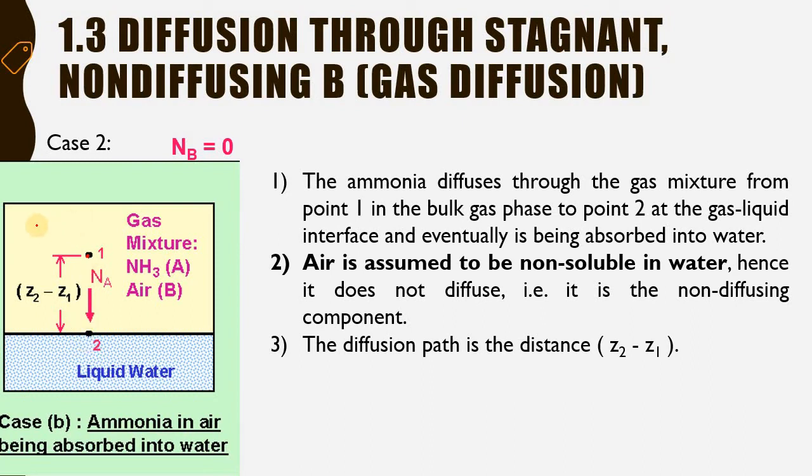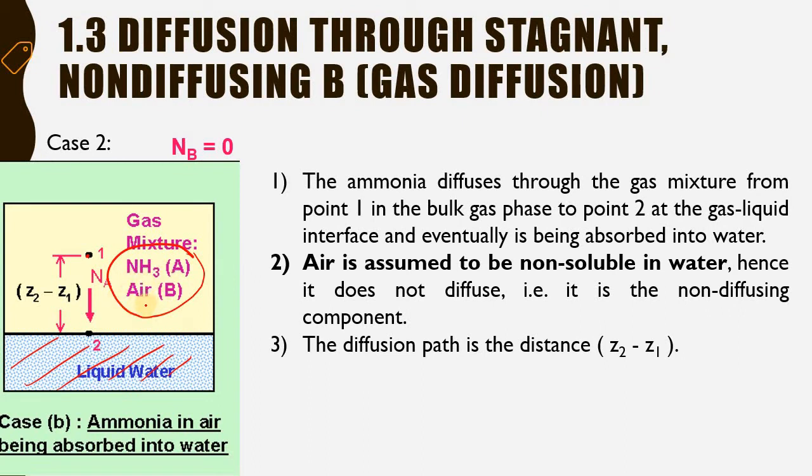So for example, ammonia will be mixed with air, and here we have liquid. At the upper side of the liquid, we have ammonia and air. Ammonia will be absorbed into the water and it will pass through the air.